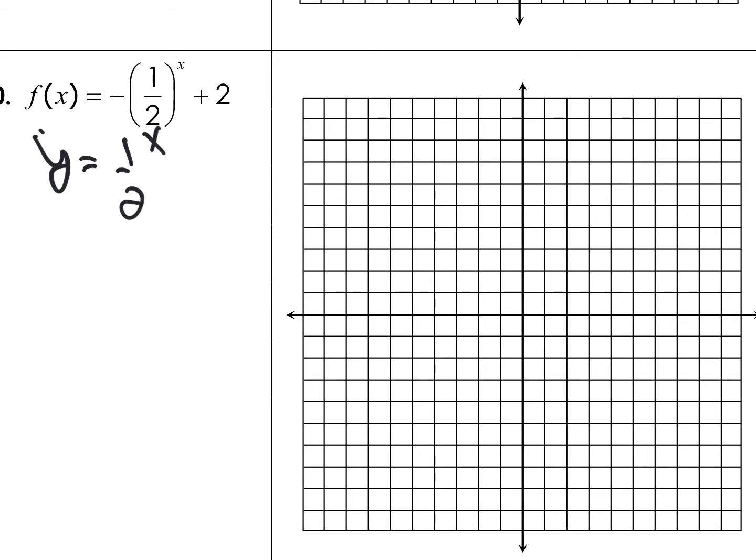I'll just use the regular color. (0, 1). But this caused it to shift up 2. It does not shift left or right, but it does flip over the x-axis. Flip over x-axis. That's all that happens.